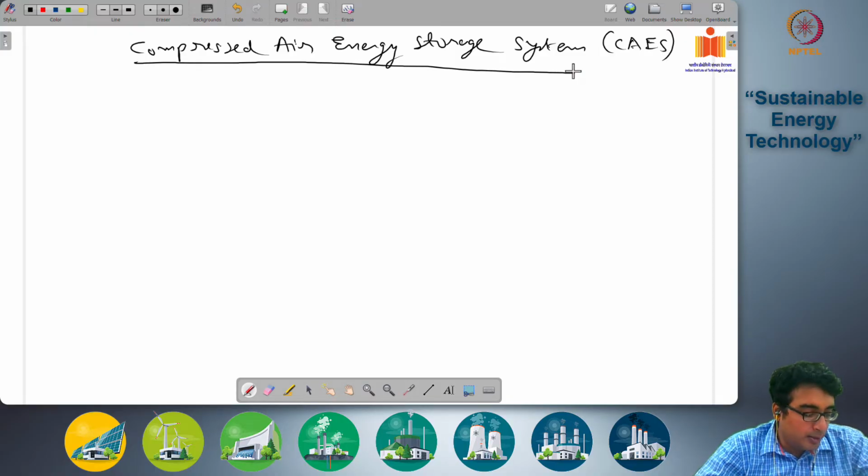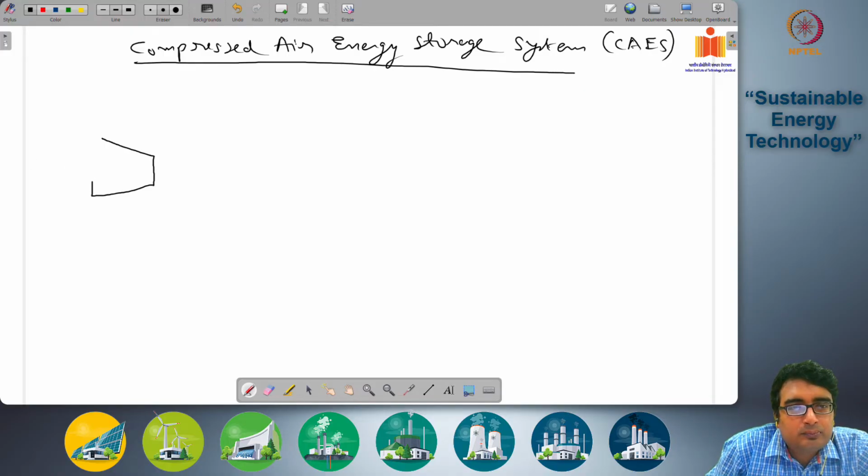So how it works, let us look at a schematic of a typical natural gas power plant. Okay. So here air is coming into the power plant.